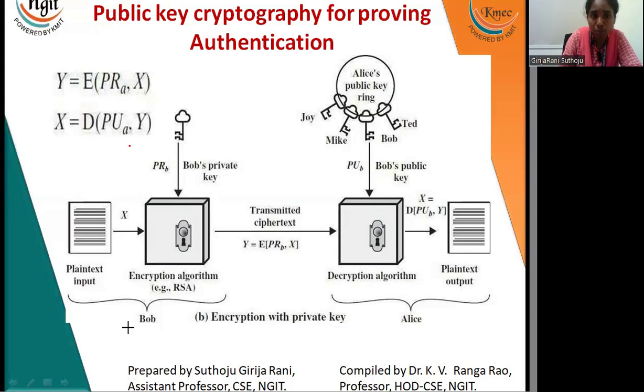See, I am Bob here, Alice is here, right? Now, I am taking X as a plain text, and this plain text I am encrypting with my own private key, Bob's private key.